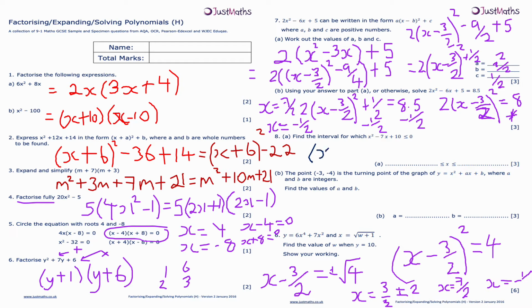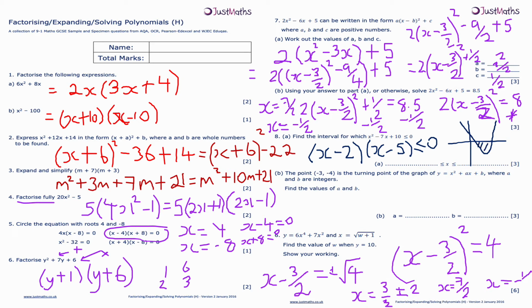So this is solving a quadratic inequality. Let's do a rough sketch. The solutions are 2 and 5, and we want it for when this graph is less than 0, so it's this interval here. So it's greater than or equal to 2 and less than or equal to 5.